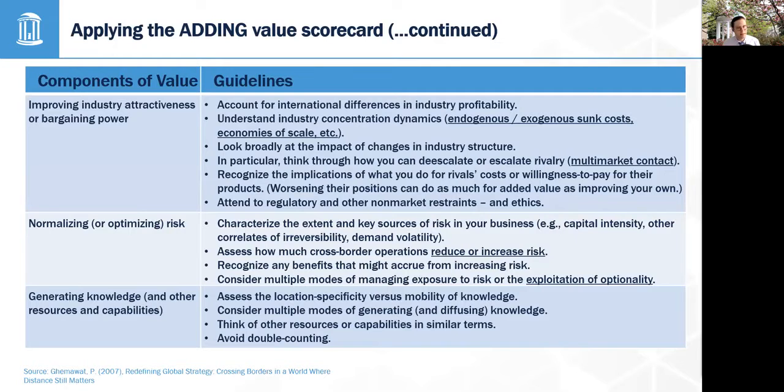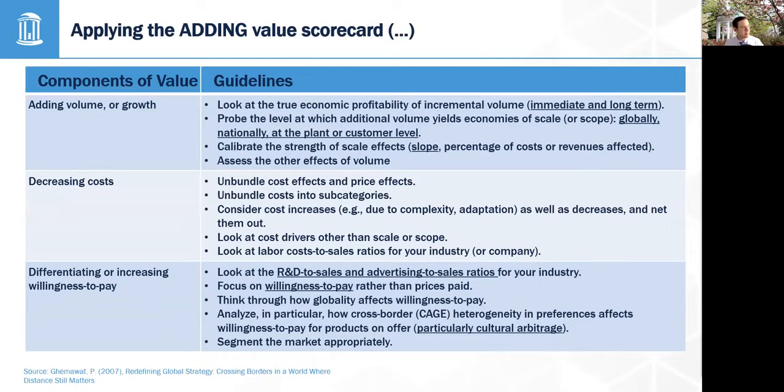One thing I'll add, this is a question that came up a few times in office hours. With the adding value scorecard, you're often focusing on the one or two aspects of the scorecard where you're planning to create value. So for example, if you're primarily focused on adding volume, you may not need to spend much time thinking about generating knowledge. The only exception where you would need to consider both simultaneously would be decreasing costs or differentiating.